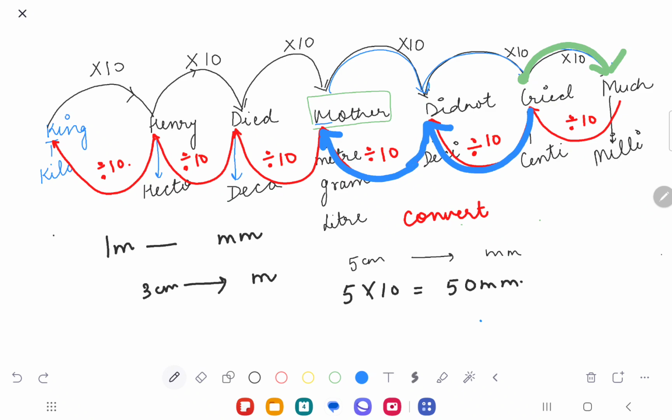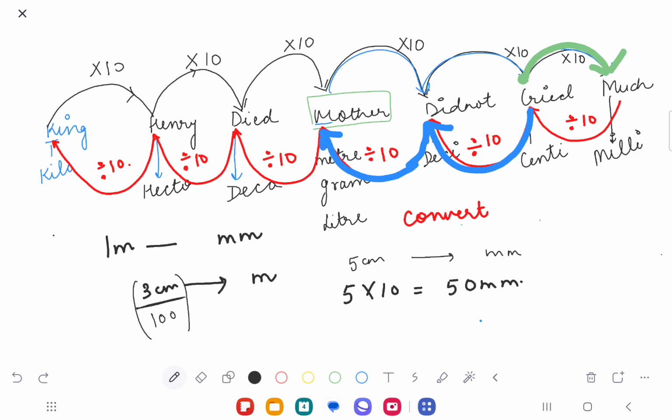So how many steps are we moving backward? We are moving backward 2 steps. So that would mean 3 divided by 100. Divided means this line. And 100 is 10 times 10. What is 10 times 10? 100. So 3 divided by 100, that's my answer. So 3 over 100 meters, isn't it?